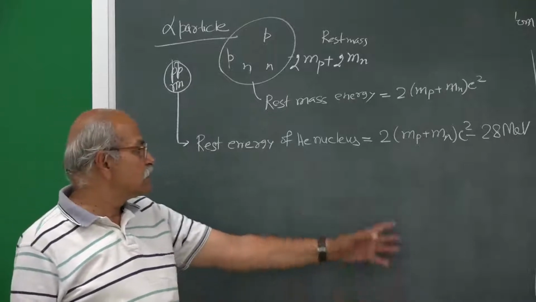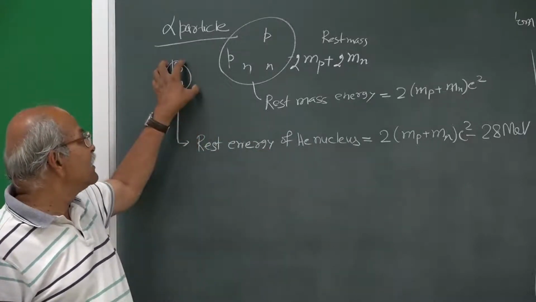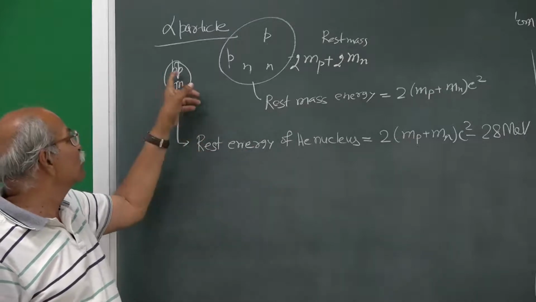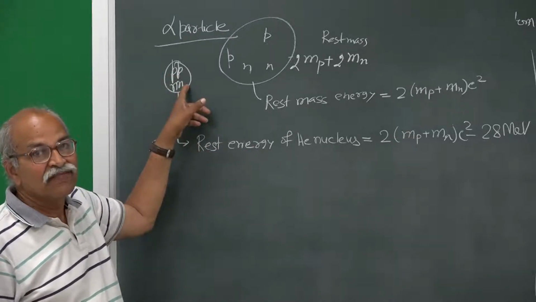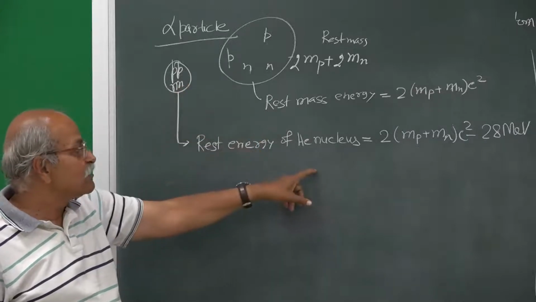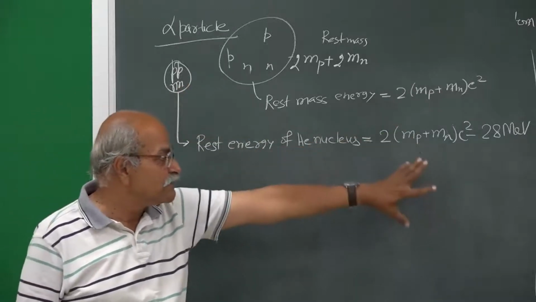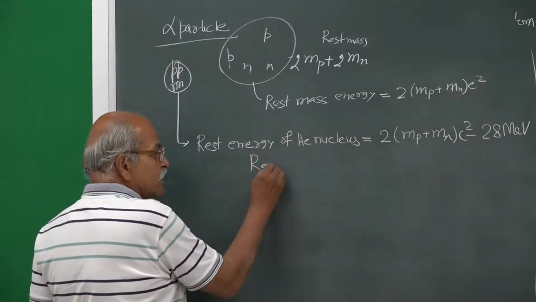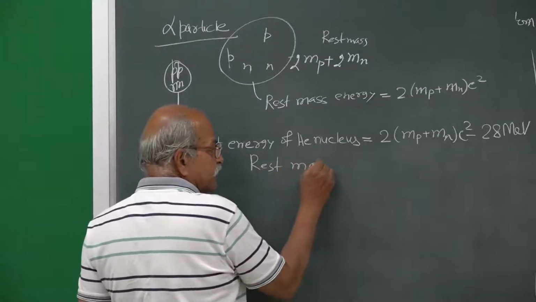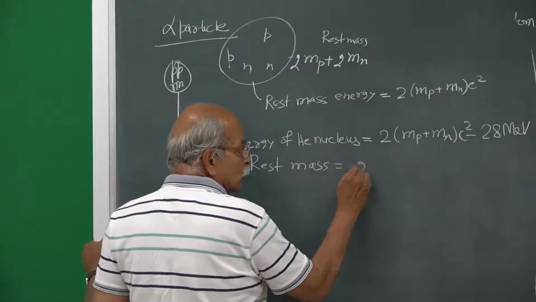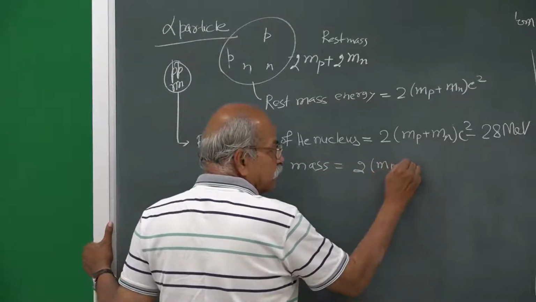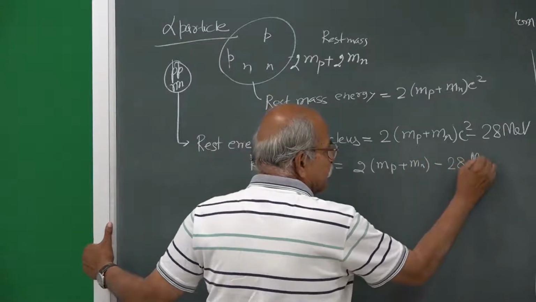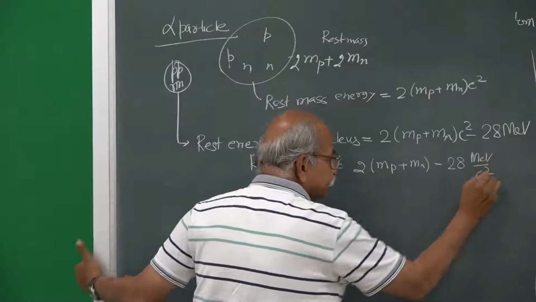So, this rest mass energy is less than the sum of the rest mass energies of proton, proton, neutron, neutron. Correspondingly, the rest mass is just this divided by c², so the rest mass of the helium nucleus will be 2mp + 2mn minus 28 MeV/c².